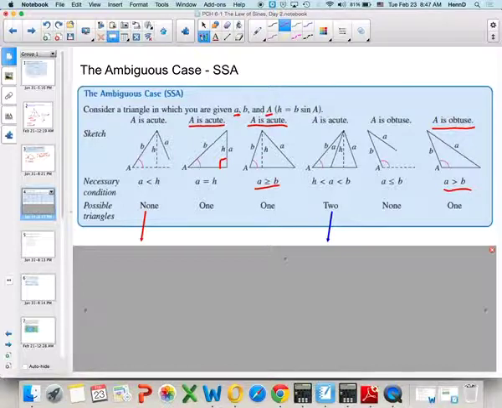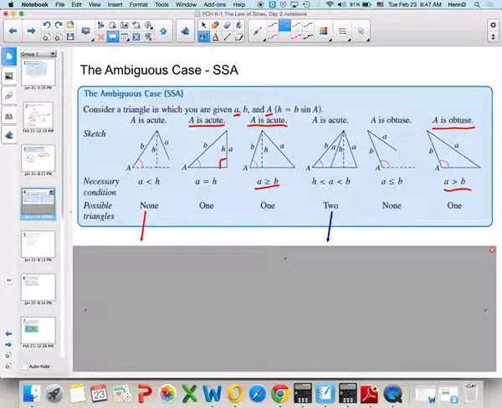The other three cases here are ones that would cause us to fail one of those properties that we looked at yesterday. So, you'll notice here, how is it possible to have a situation where the triangle is impossible to make when we have an acute angle?